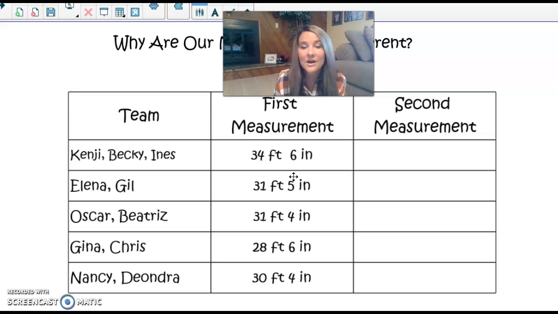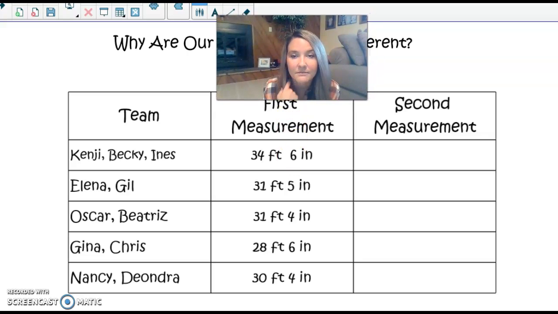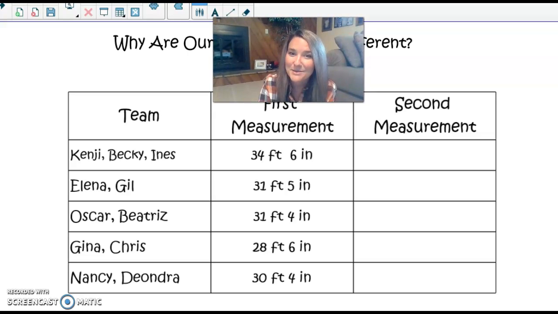All right, guys, so I know in the coming activities you will be doing a second measurement of the classroom, and we will have that discussion when you do that. But just make sure that you are using measuring tools appropriately and efficiently. And until our next discussion, happy measuring.